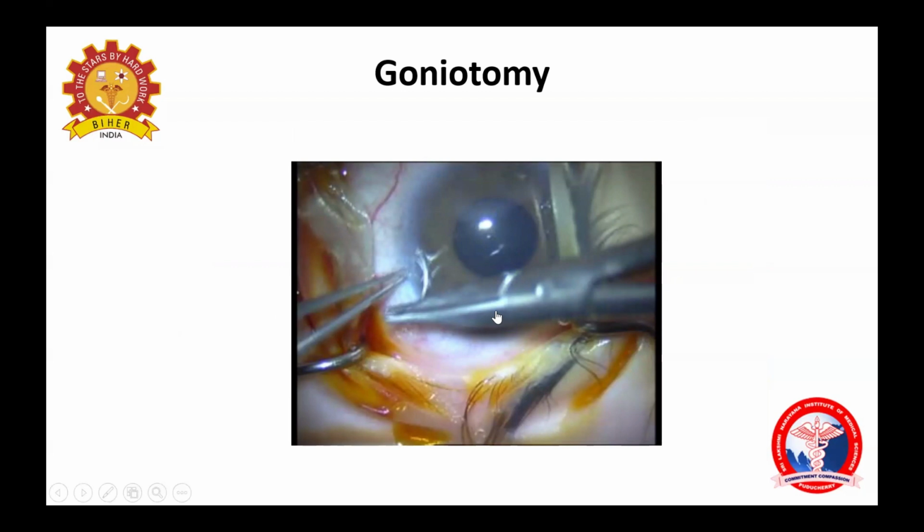This is a picture of how a goniotomy is done. You make an opening and then use a goniotome to incise the trabecular meshwork through this instrument.